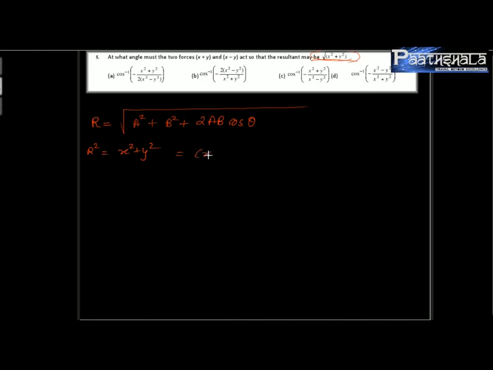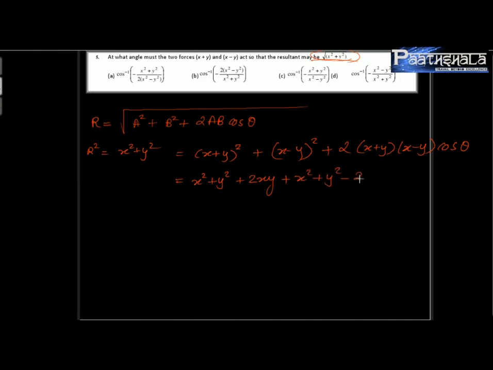Let the vector a be x plus y in magnitude, plus x minus y square plus 2 times x plus y times x minus y cos theta. So this is x square plus y square plus 2xy plus x square plus y square minus 2xy plus 2 times x square minus y square cos theta.